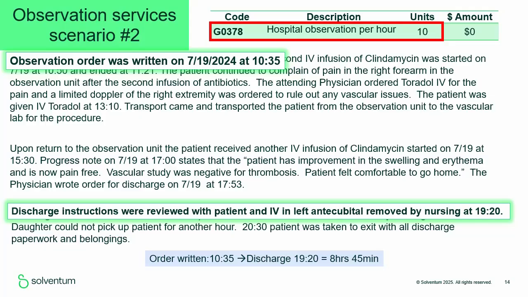Plus, the patient also left the observation unit to go for a procedure in the vascular lab. With observation services, we must account for the time the patient left the floor. Therefore, we know that the number of units reported for observation services are inaccurate, and we are going to figure out what are the accurate hours that should have been reported.